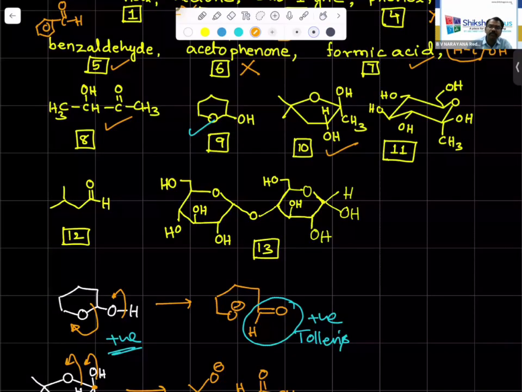Now, what about the 11th one? Here also same to same. Just observe it carefully. At this carbon atom, OH group and OR. But be careful. In the presence of base, this compound takes part in rearrangement. This compound changes to like this.